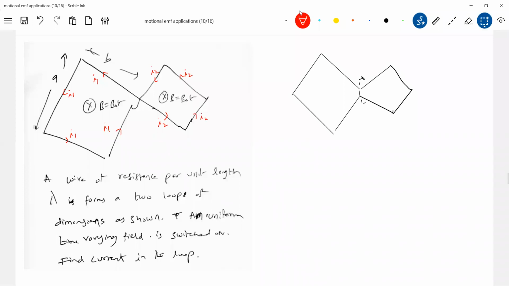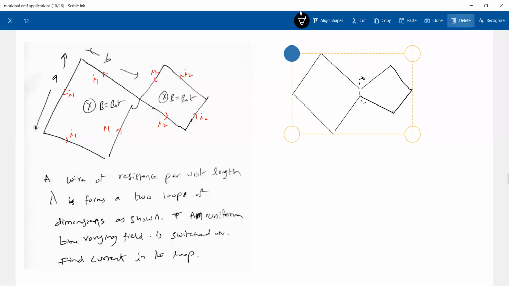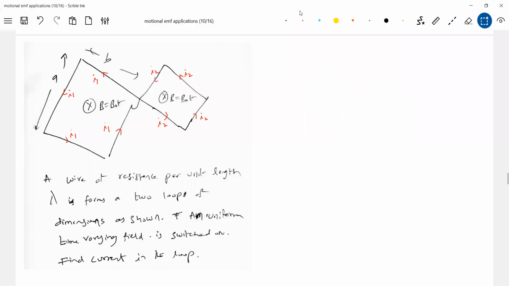The induced current in both the loops should be anti-clockwise. Now the resistance per unit length is given as lambda. First we'll calculate the flux. Shall I replace it here? There'll be a cell here, and here also one cell, which will push that particular current.